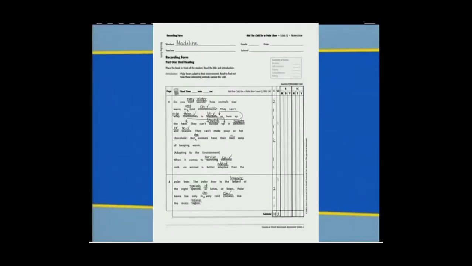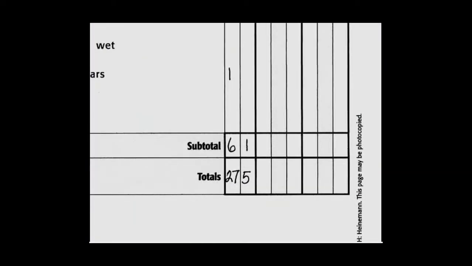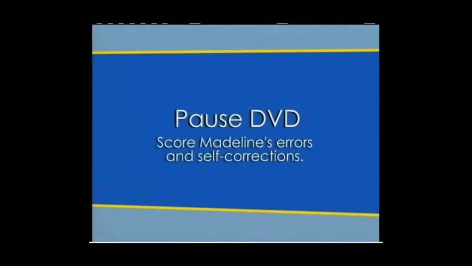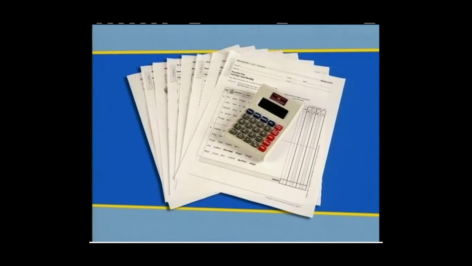Repeat the process to score Madeline's reading of Not Too Cold for a Polar Bear. Tally her errors in the E column and self-corrections in the SC column, and then find the totals for each. Using the same steps we used for Elliot, enter the total number of running words, 249, into the calculator.